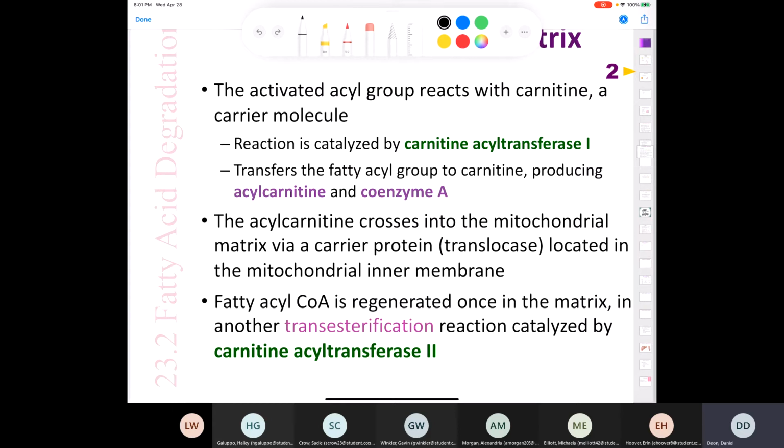So the first one is carnitine acyltransferase 1. And what that does is it causes a reaction between a molecule called carnitine, we'll look at the structure on the next slide, and acyl coenzyme A, and it forms what's called acylcarnitine. And then acylcarnitine is able to cross into the intermembrane space and then into the mitochondrial matrix by the aid of what's called translocase.